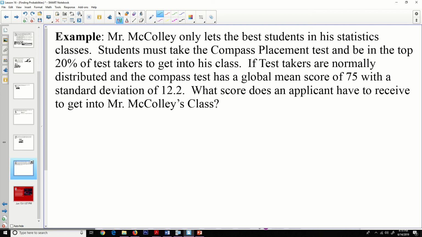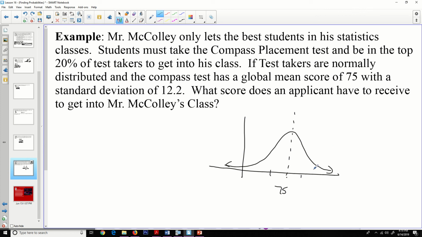In this particular instance, we're using not our standard normal curve, but a normal curve. The mean is 75 and the standard deviation is 12.2.